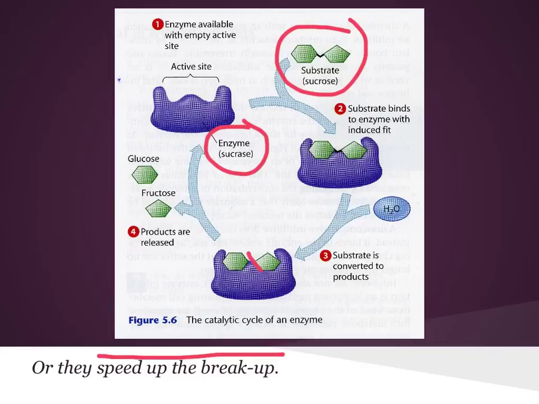All right, and so we see some bond breaking, we see conversion into products, and we see those products released back out into solution. Again, that enzyme is not used up in the process. We get to reuse that enzyme as often as we'd like.